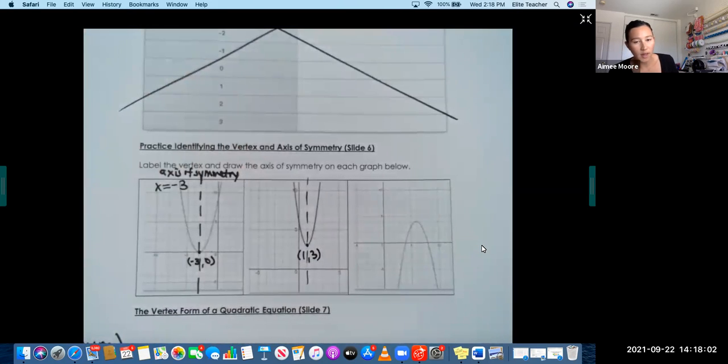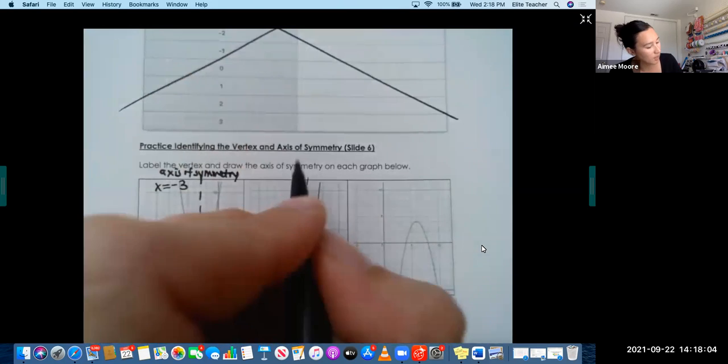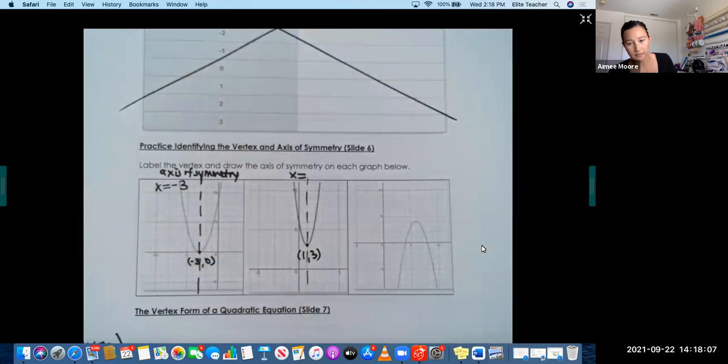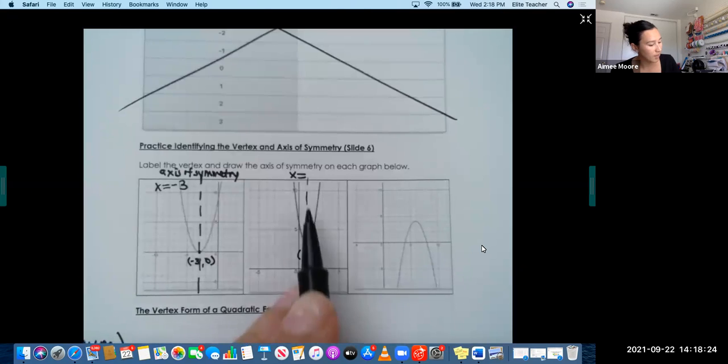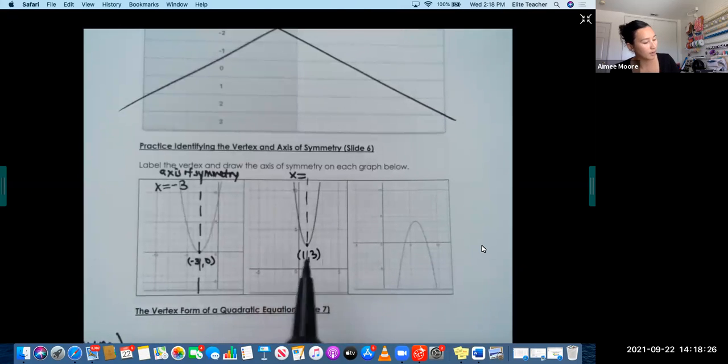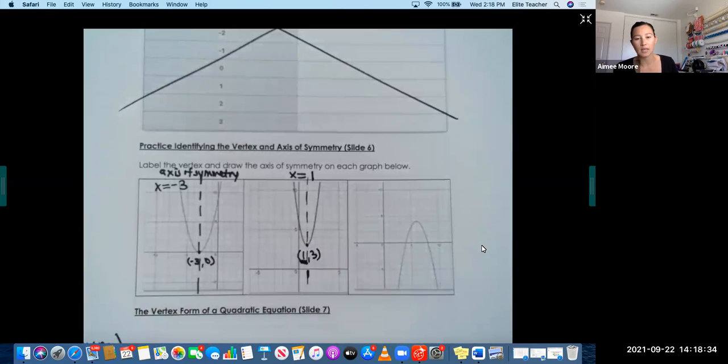Can someone tell me what the equation of our axis of symmetry is? x equals... it's going through where x equals 1. So our axis of symmetry is at x equals 1. Or you just look at the x value of your vertex and it will tell you. Yep, very good, Jasmine.